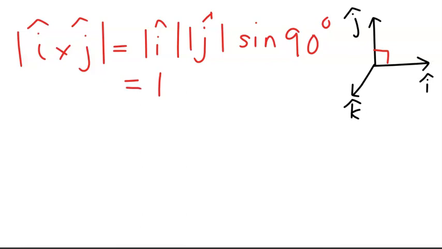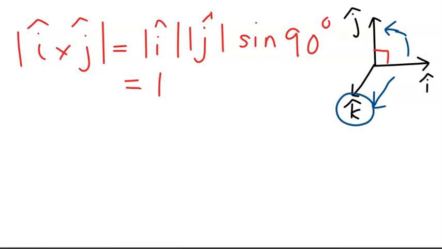Now what about the direction of i cross j? If you curl your right-hand fingers from i to j, you will notice that your thumb will point in the direction of positive z, the z-axis. So the vector that satisfies the condition of being 1 in magnitude and pointing in the direction of the positive z-axis is the k hat vector.